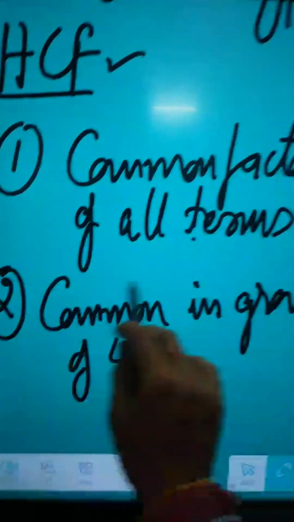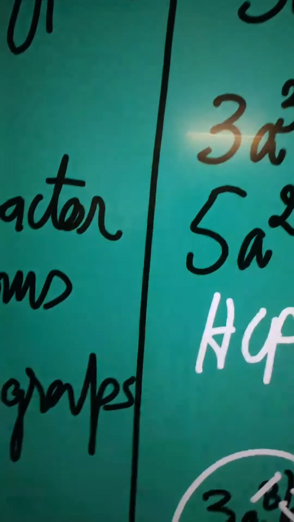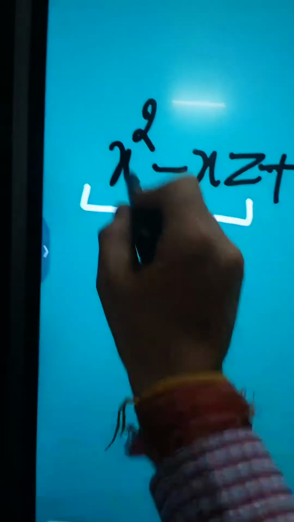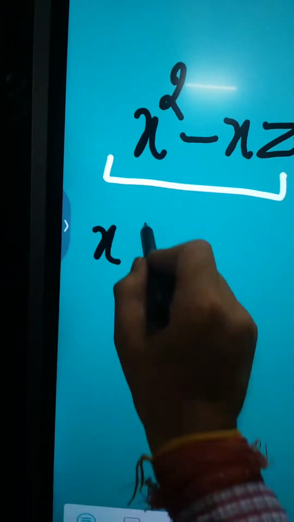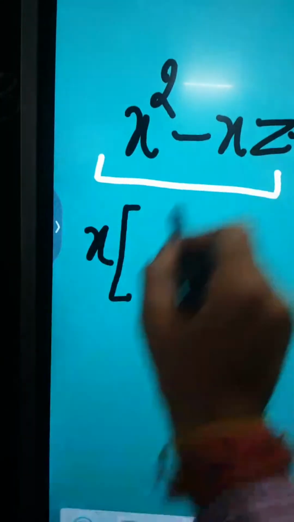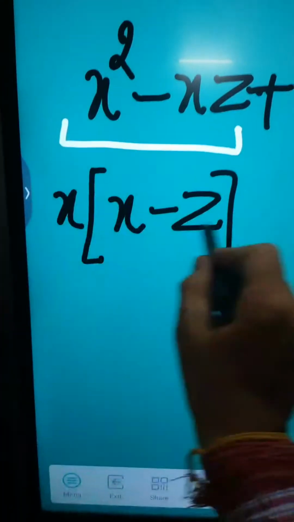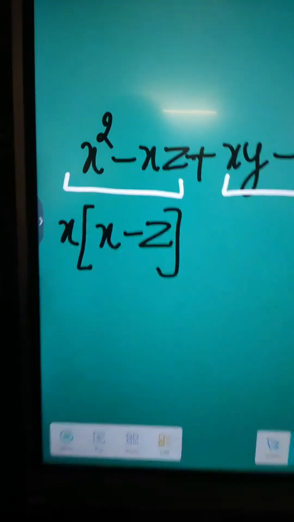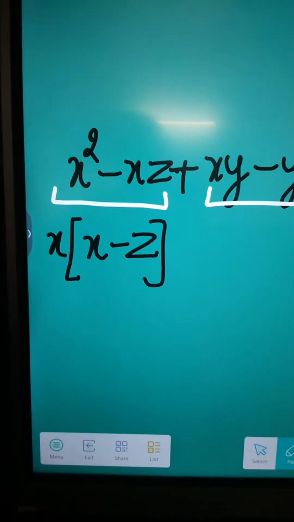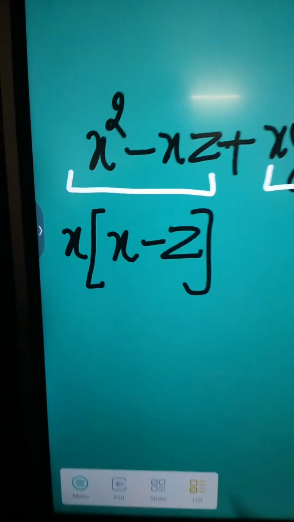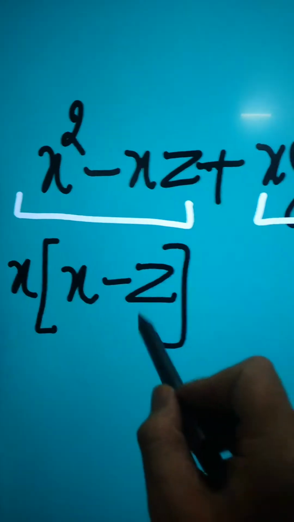Now I am explaining common in groups. So take common in this. What is common? x is common, and then in the bracket what comes is x minus z. How is this coming? For this you have to revise method number 1.